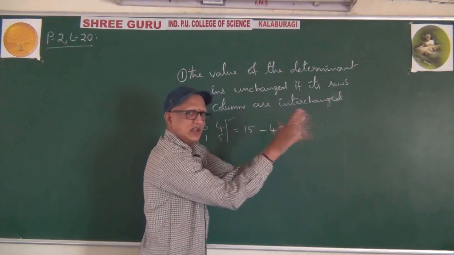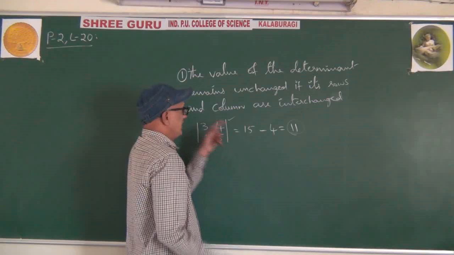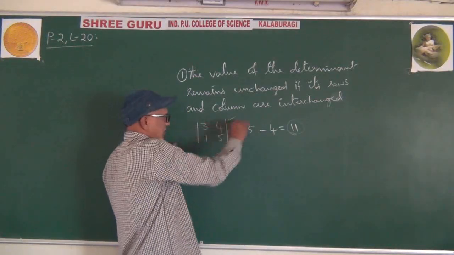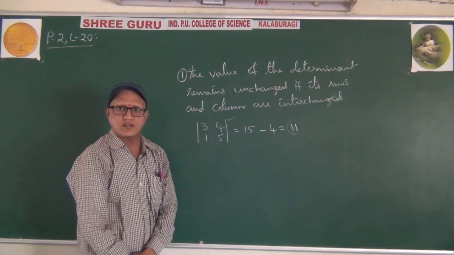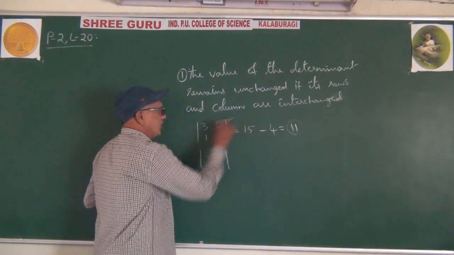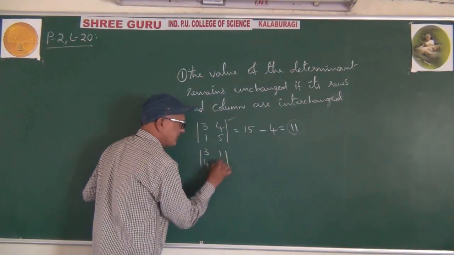The value will be as it is if its rows and columns are interchanged. First row became first column, second row became second column.